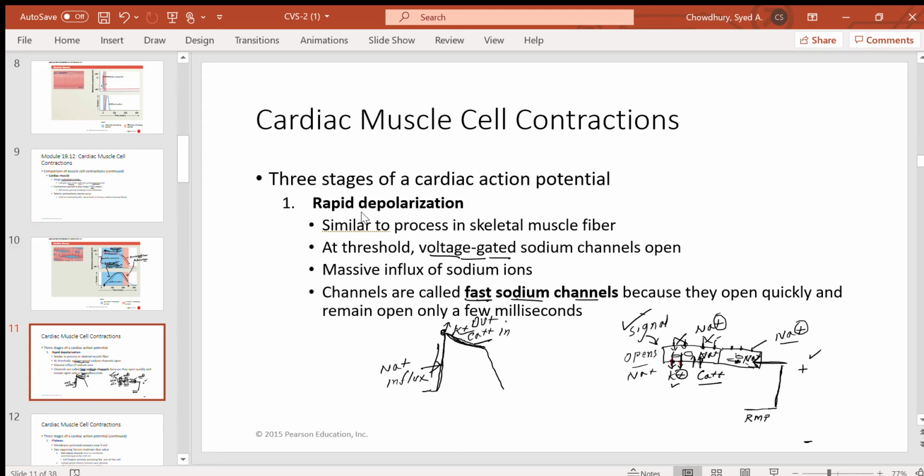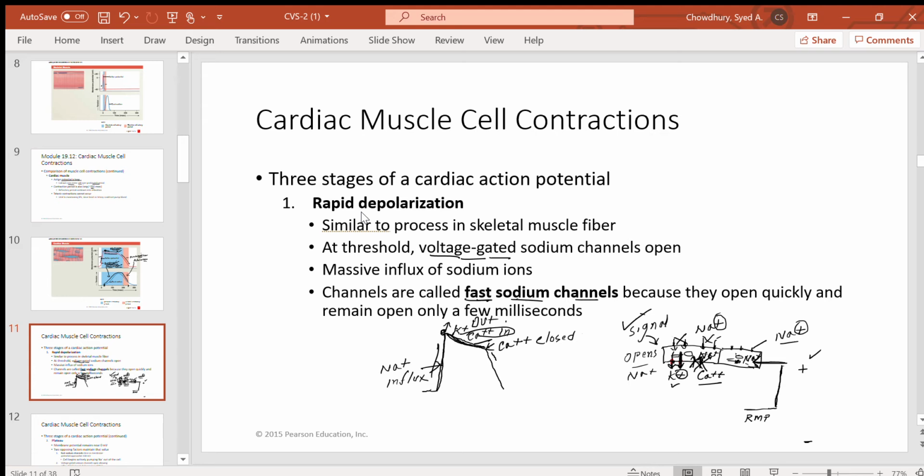And then calcium will get closed here, but more potassium will be opened. So now calcium is closed, no calcium is getting in, but more potassium is open.